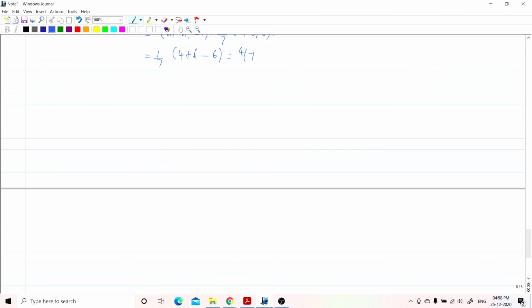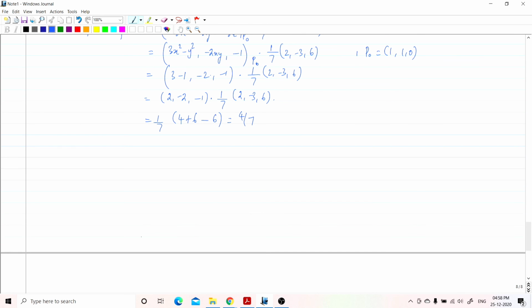As a continuation to this, let us look at the maximum change. Let me write it in color. The maximum change happens in the direction of del f, which is (2, minus 2, minus 1).